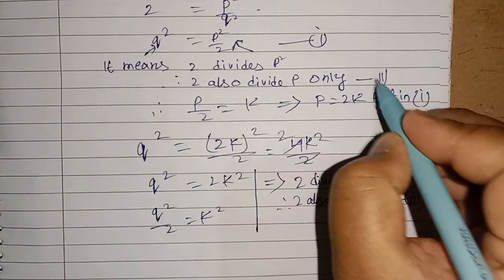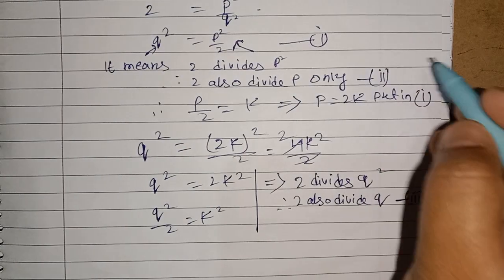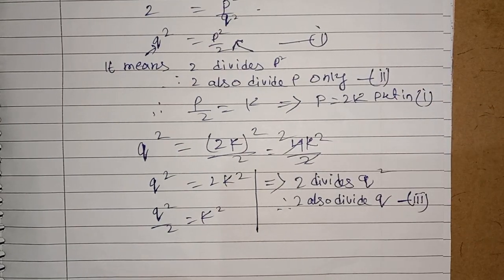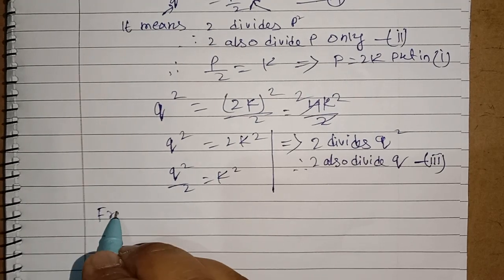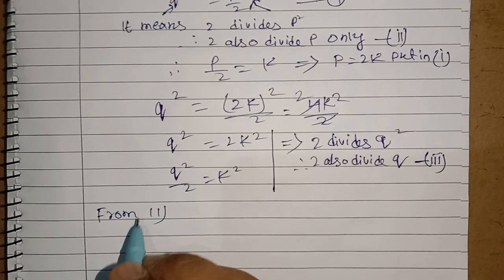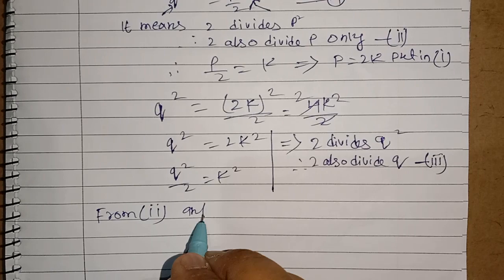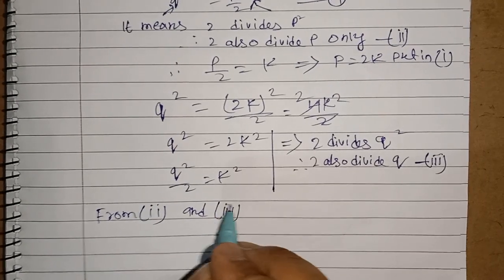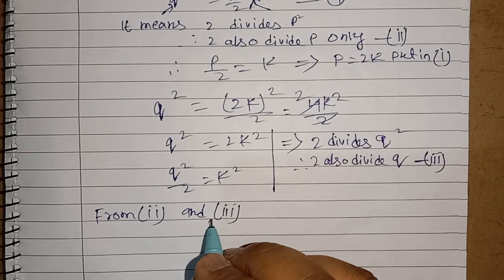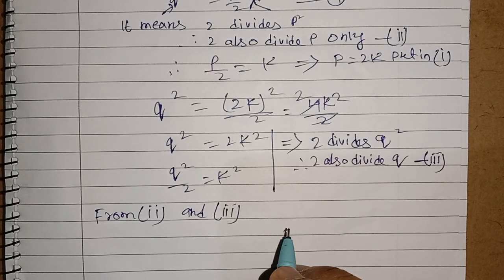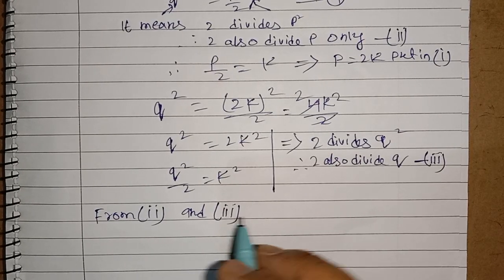This is statement number 2, because we already considered equation number 1. From statements 2 and 3 we are observing that 2 divides q and 2 divides p, which means 2 is a common factor of p and q, which is not possible because p and q are co-prime.